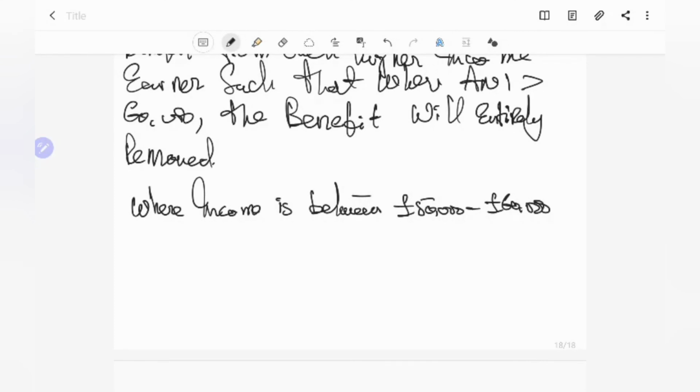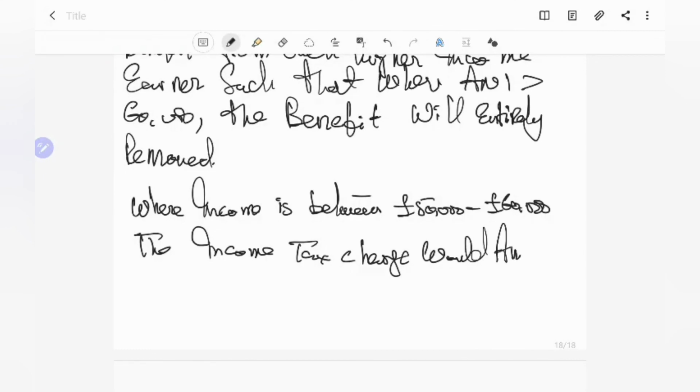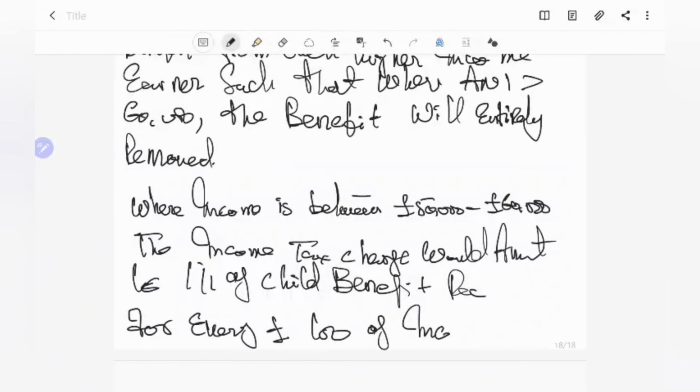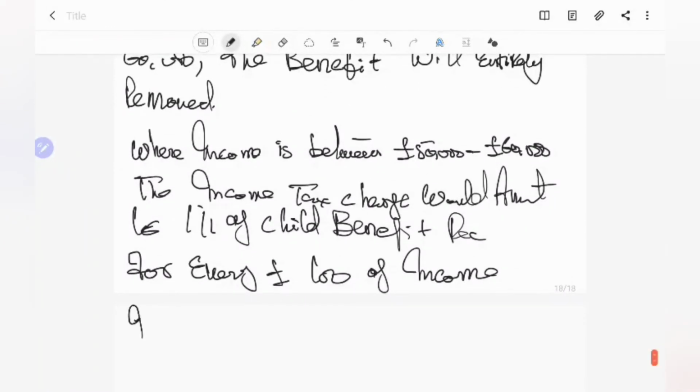the income tax charge would amount to 1% of child benefit received for every 100 pounds of income in excess of 50,000 pounds.